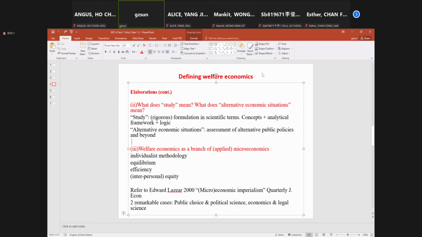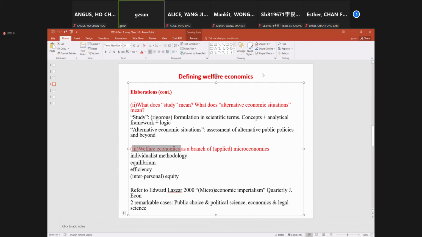And now, let's quickly emphasize another interesting point, just to give you a much broader, more general perspective to understand where we stand now when we study welfare economics.